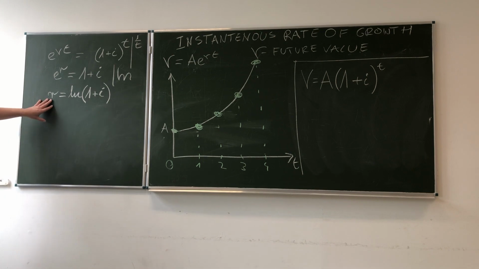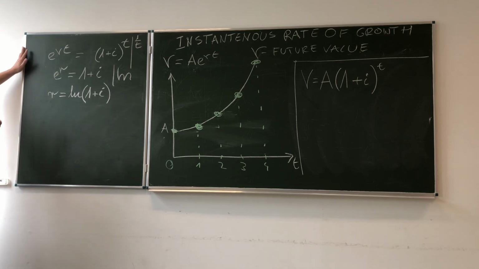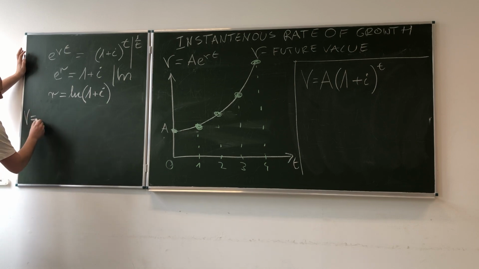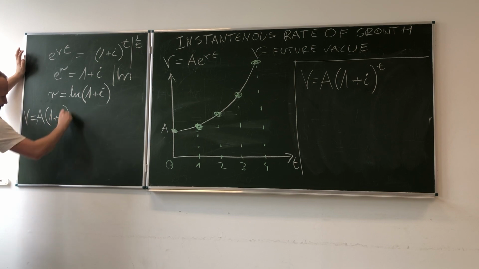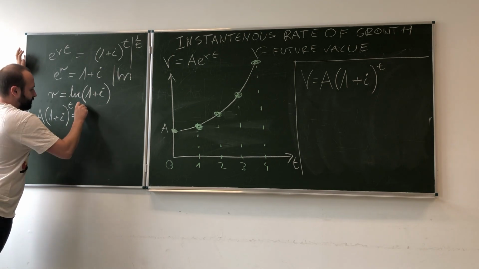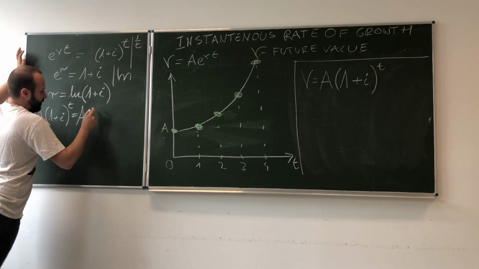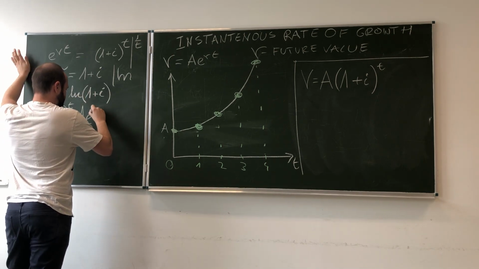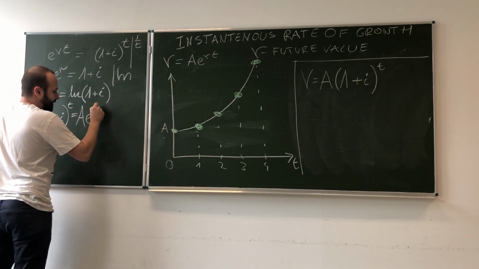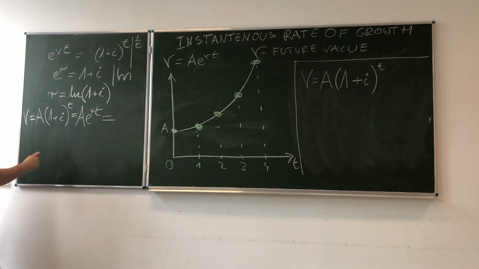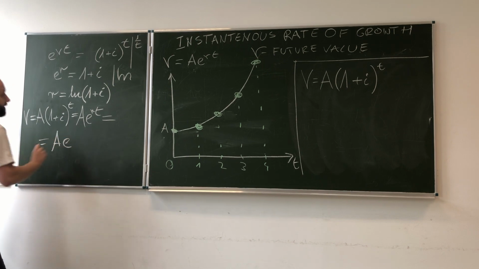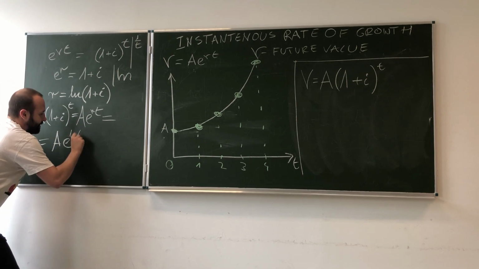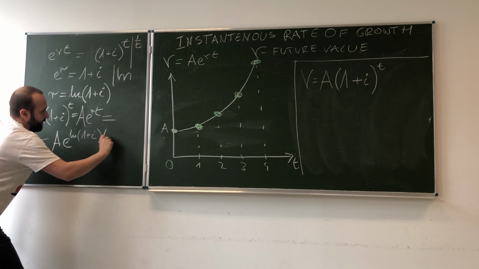But look, we've learned that V, so future value, can be calculated as a times (1 plus i) to the power of t, which is equal to a times e to the power rt, where r is equal to ln(1 plus i).